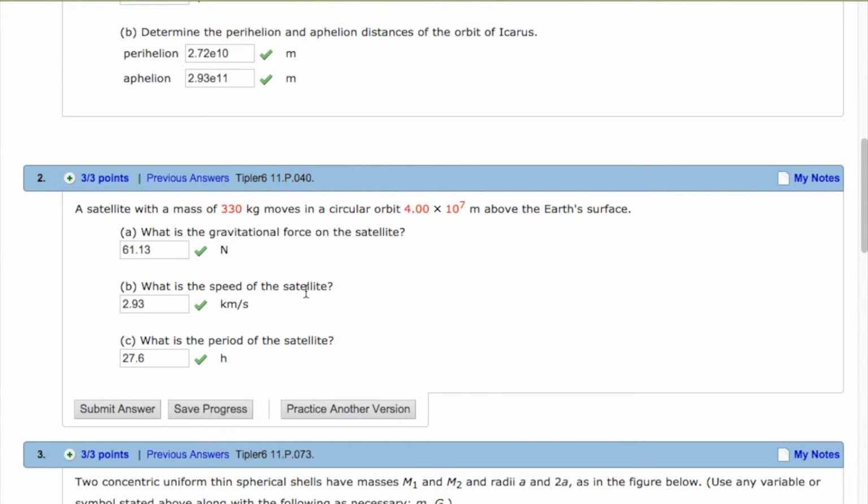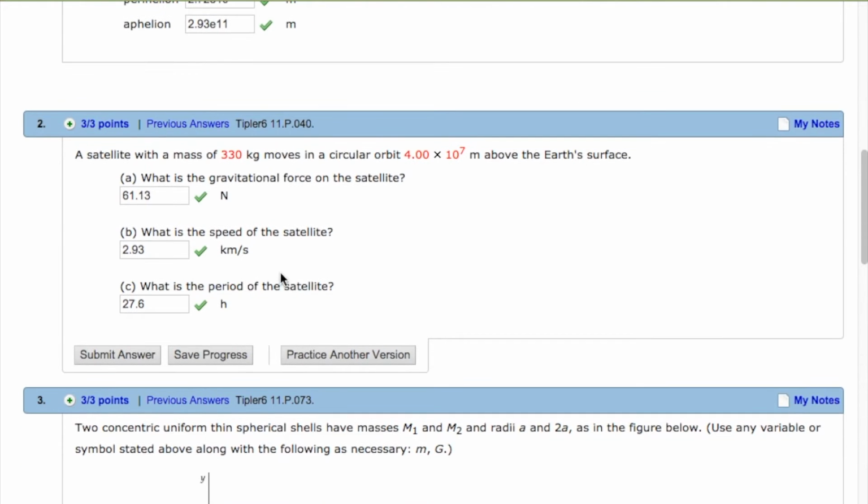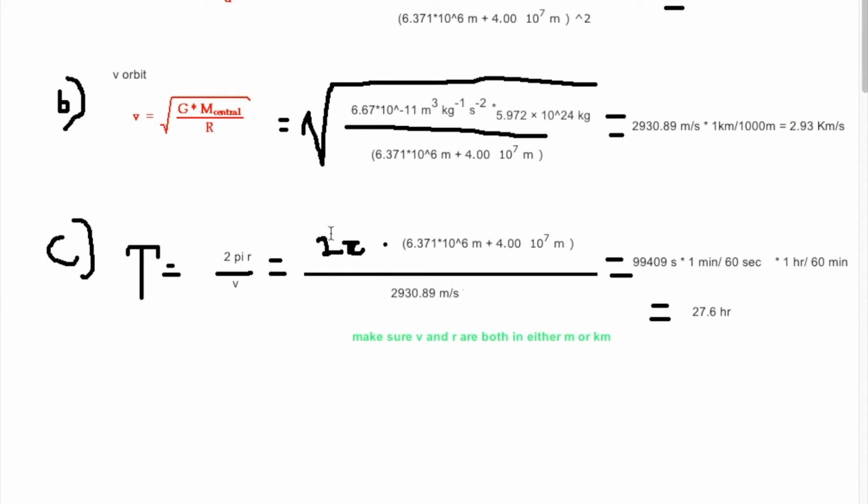For the velocity, the speed of the satellite, it doesn't ask you for direction. There's a formula called the speed in the orbit. There are 2 different speed formulas: escape velocity, and then velocity of the orbit. They're similar, but they're different. So this is the orbit one. There's no 2 here because the escape has a 2.